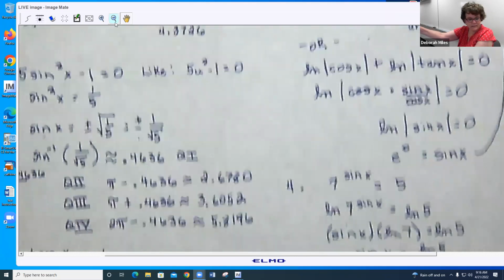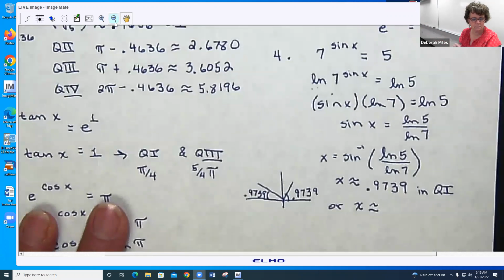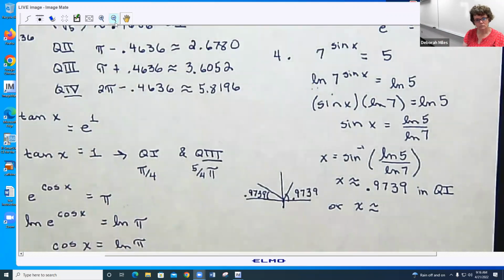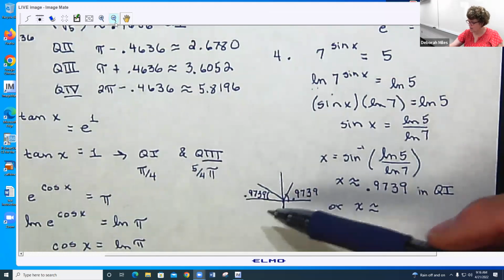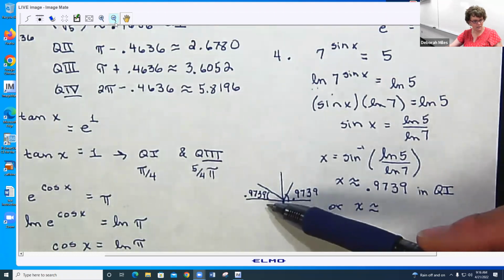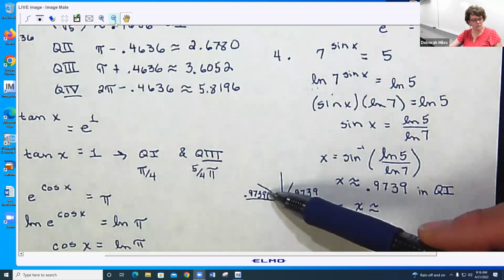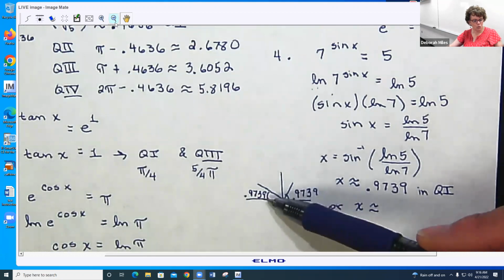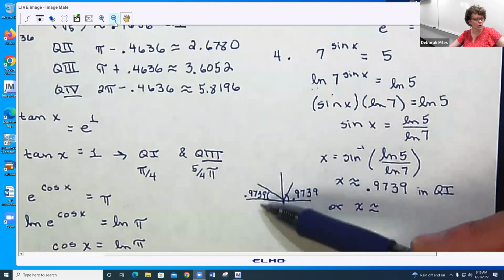Oh, sorry, didn't realize you couldn't see my picture. I stopped almost 1 radian short of pi. How can I find a better approximation of that angle? That's 1, not, oh yeah, 0.97 is almost 1. So 1 radian short of pi.